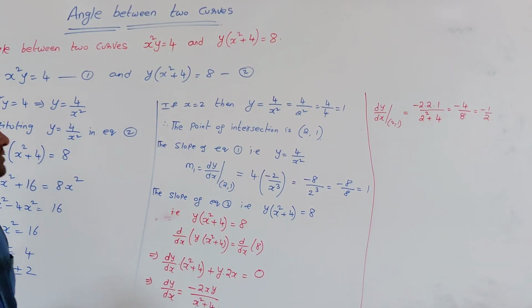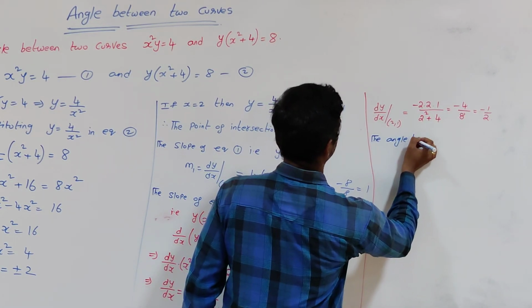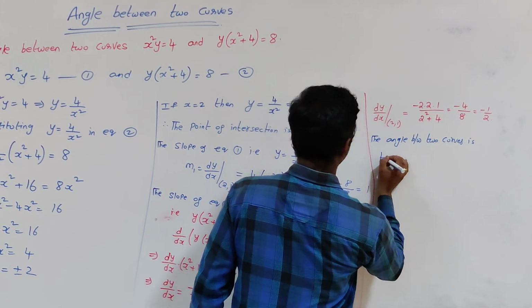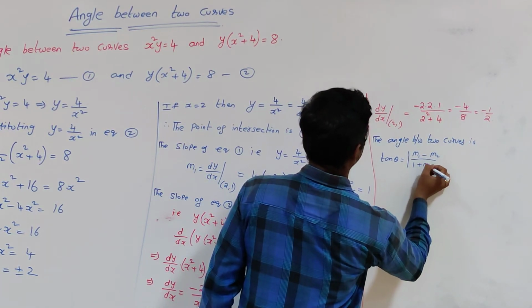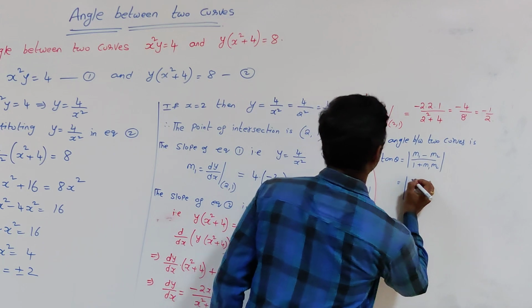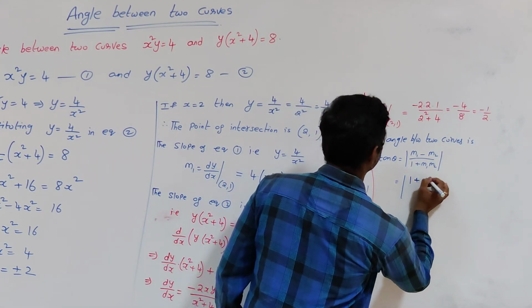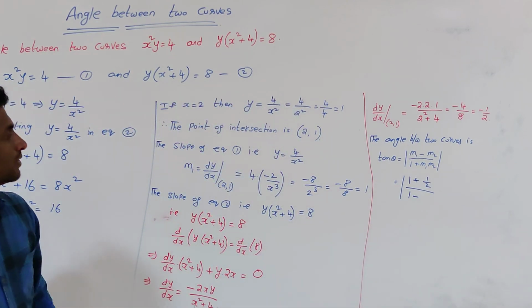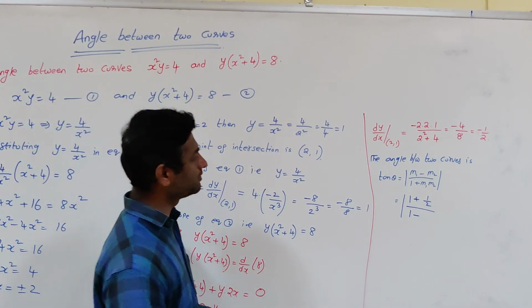Now the angle between two curves. The angle between two curves is tan theta is equal to modulus of m1 minus m2 by 1 plus m1 m2.